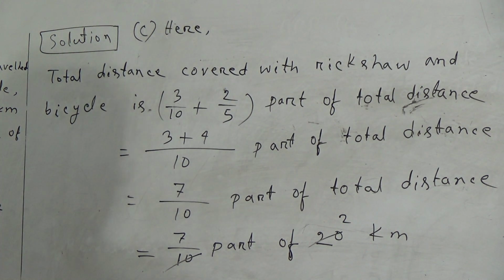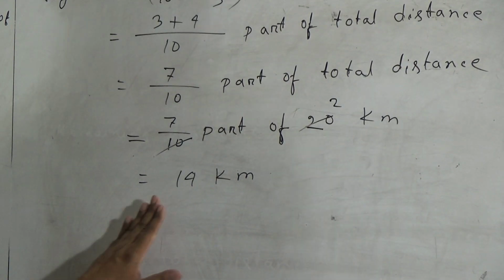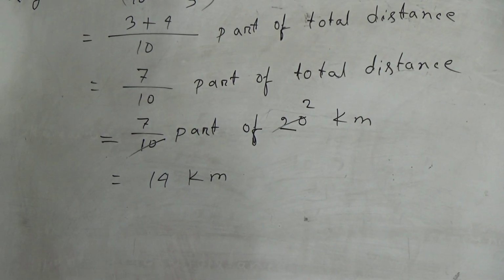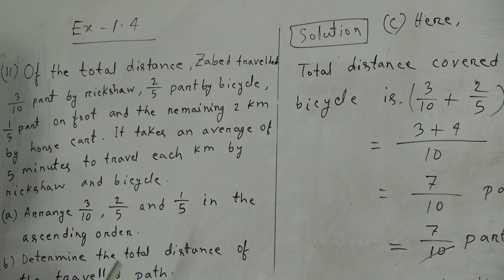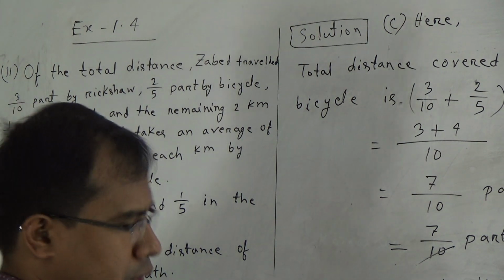Now we have to find at the time of traveling 14 kilometer how much time did he take. Here in the question it is mentioned that it takes an average 5 minutes to travel each kilometer. That means for 1 kilometer Javed takes 5 minutes. For 14 kilometers Javed take 5 times of 14.